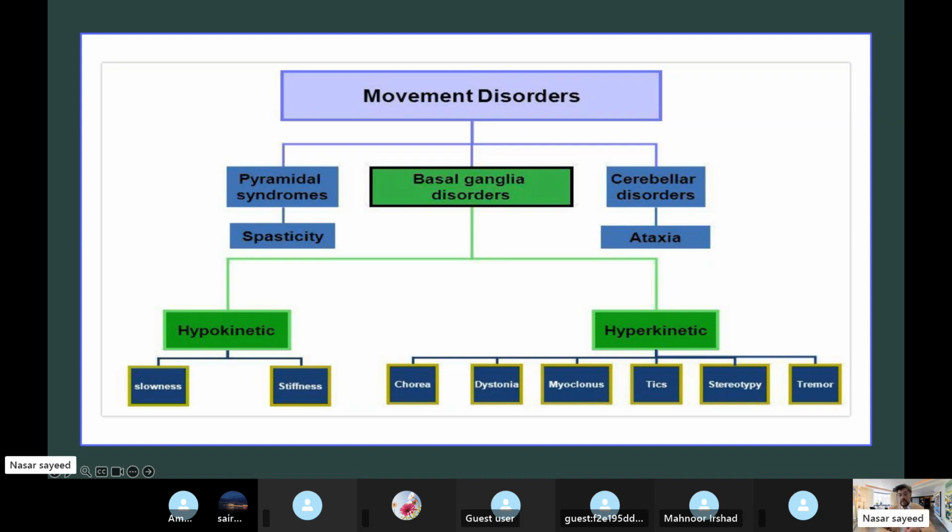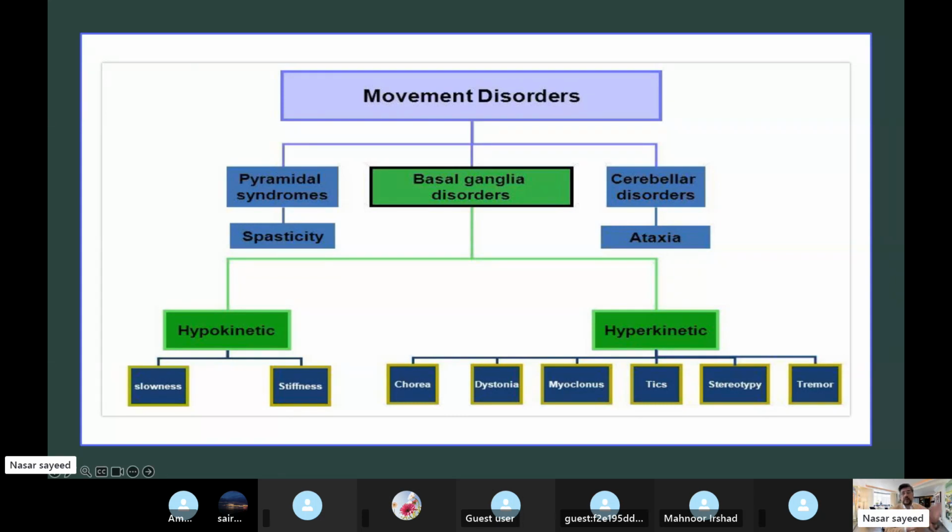So if there is ataxia, it is most likely related to cerebellum. If it is spasticity, it is more related to pyramidal system. And if it is hyperkinetic or hypokinetic, it is basal ganglia. Are you clear about it? So three major regions of the brain. Pyramidal leads to spasticity. Basal ganglia leads to hyper or hypokinetic movements. And cerebellar disorders lead to ataxia.